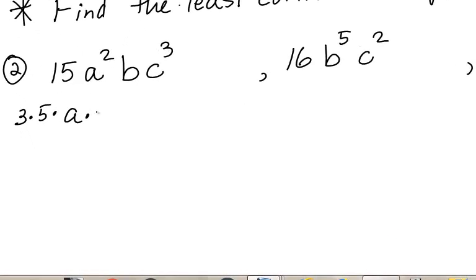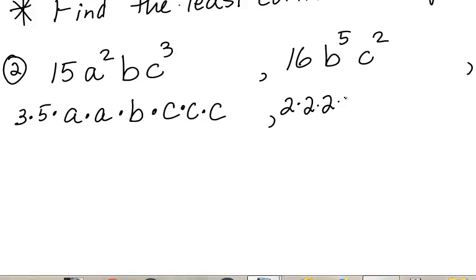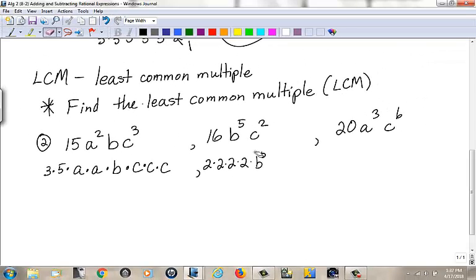A squared is A times A. B is just B. C cubed is C times C times C. 16, I could go 4 times 4 and then break that into primes. 2 times 2 times 2 times 2 would give you 16. B to the fifth, write it the long way: B times B times B times B times B. C to the second, C times C.